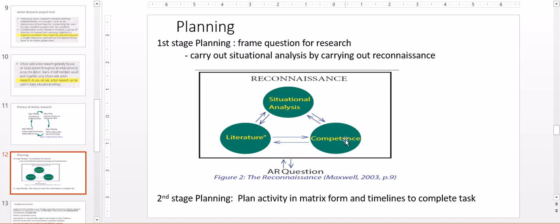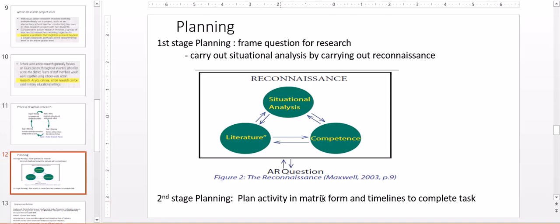Competence is looking at your own levels, your students' ability, the teachers' ability, and the potency of your curriculums, how it can cater to the quality of your curriculum material. So these are the competencies here. These three need to be triangulated. You look from three angles and then bring a conclusion. Ultimately, you will understand your problem more clearly.